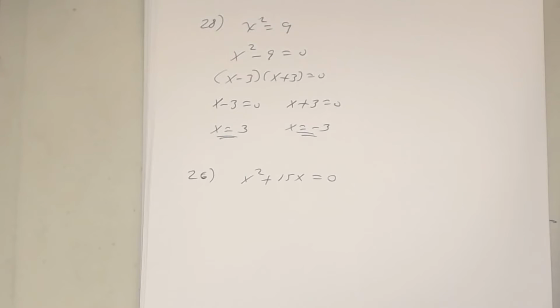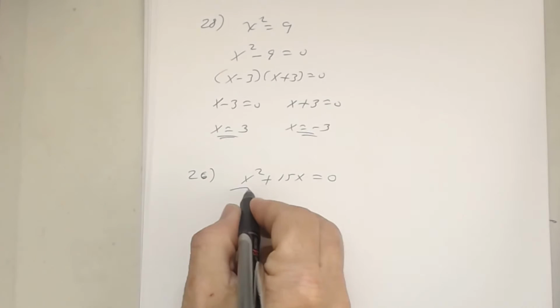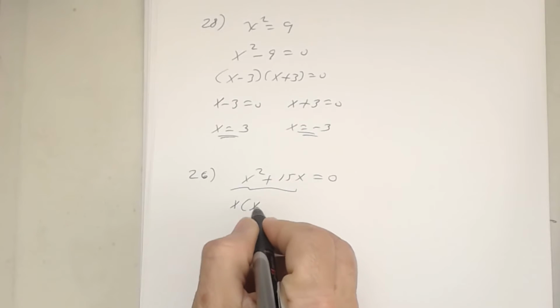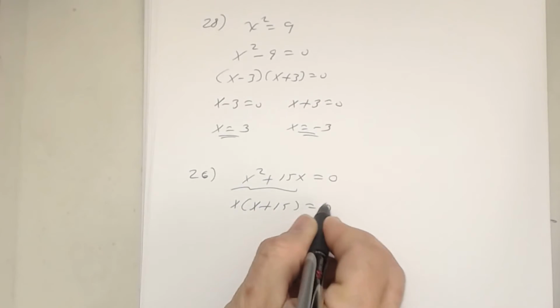Factor. How are you going to factor the left side? GCF. What is the GCF? X. Okay. So how are you going to factor the left side then? X times x plus 15.